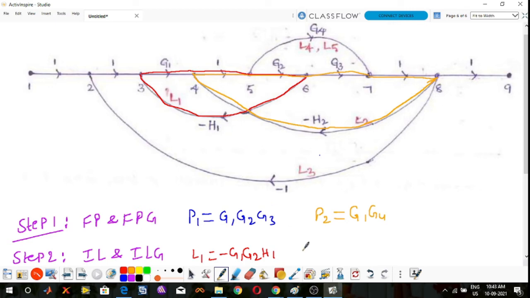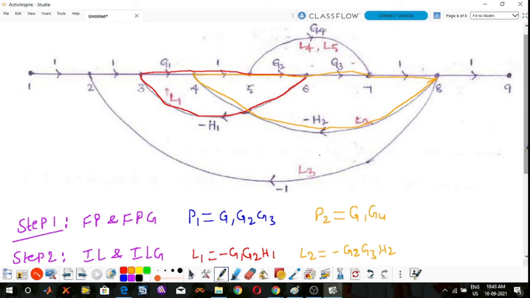And its gain is denoted as L2. Its gain is equal to the product of branch transmittances, that is 1 into G2 into G3 into 1 into minus H2. So that is equal to minus G2 G3 H2. So that is the second individual loop and second individual loop gain.